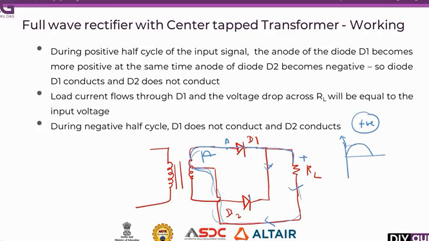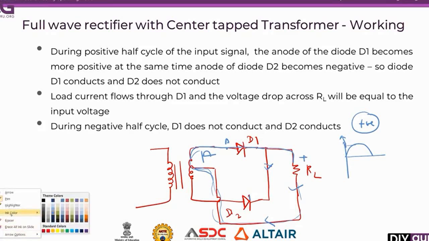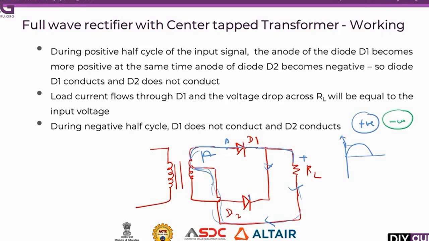Then negative half cycle. See, during negative half cycle, the current will flow in this direction. So diode D2 will conduct. This is the diode D2. So current flows in this way. Also during the negative half cycle, current flows through the positive of the load. Current always flows in the positive of the load, and it reaches here.